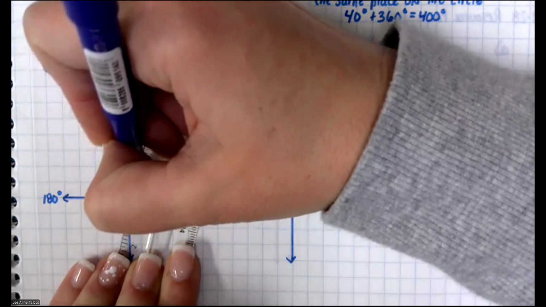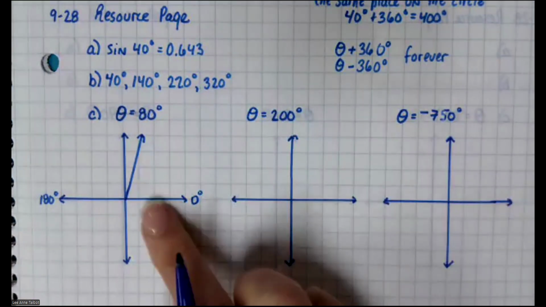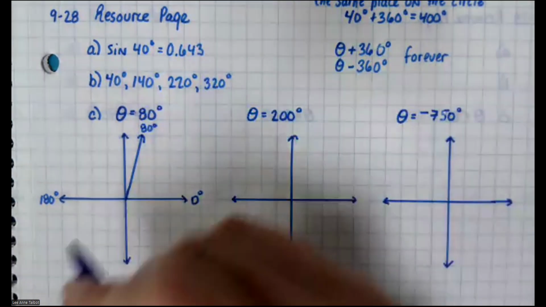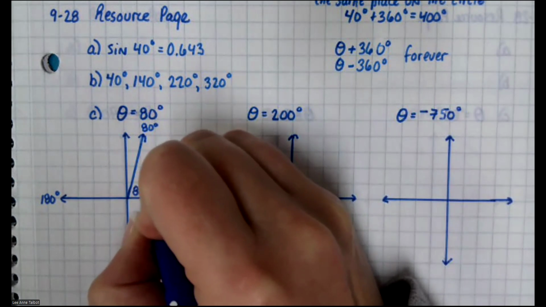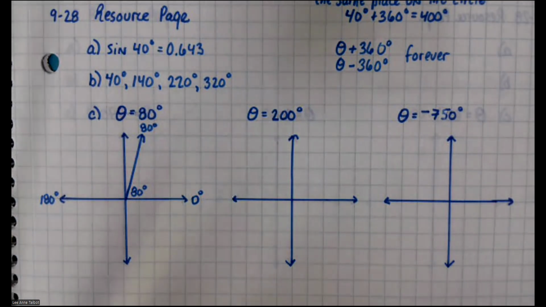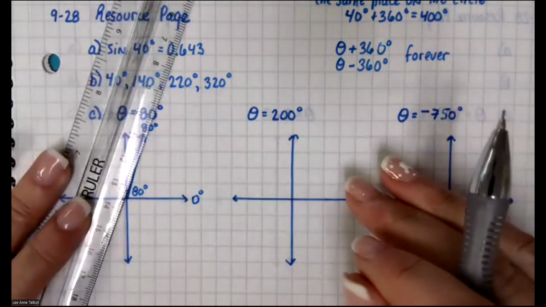Just make it in this general vicinity. Now if you have other colors, I would switch colors at this moment, and we're going to practice drawing in the bow tie.